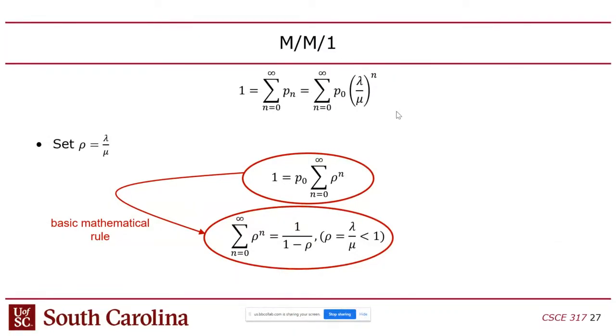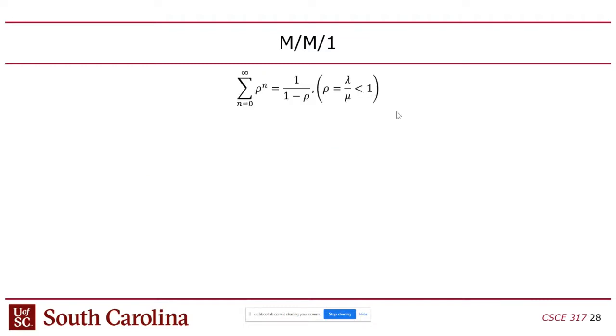This step looks arbitrary. You're like, what is this all about? It's just a thing, and it works. So we can replace that summation with 1 over 1 minus rho, just drop that in place of the summation.